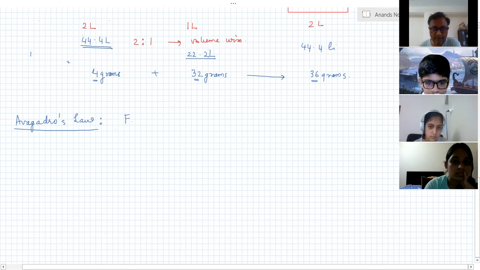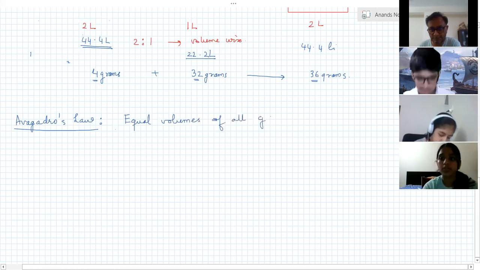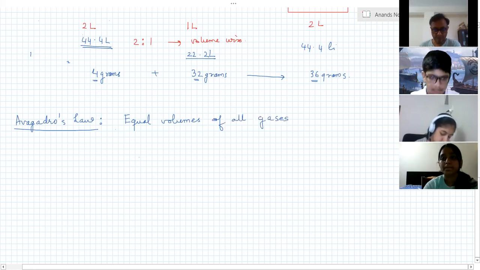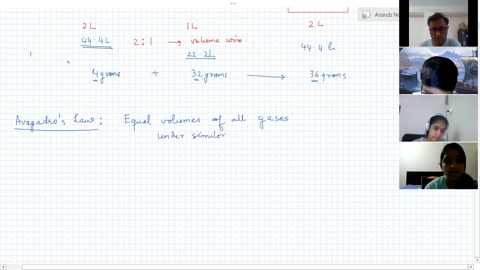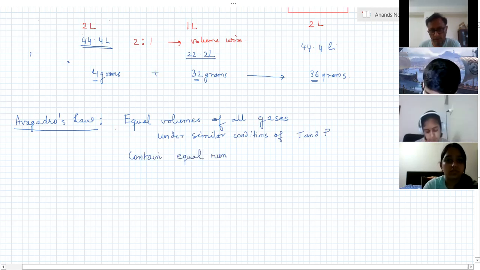He said that equal volumes of all gases under similar conditions of temperature and pressure contain an equal number of molecules.